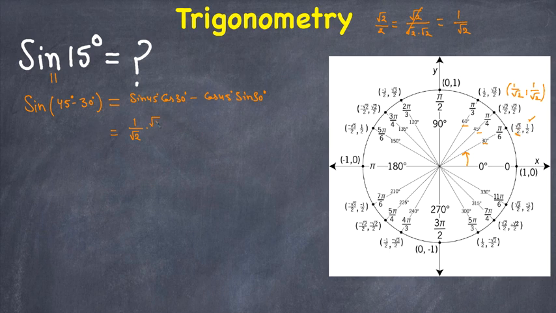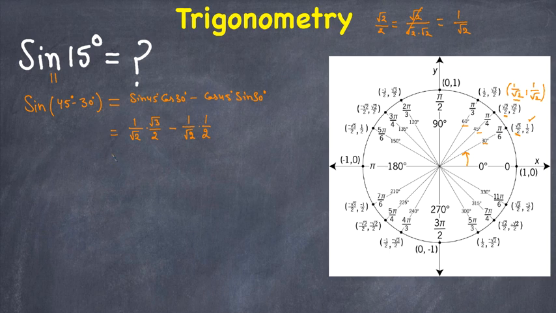So cosine 30 is root 3 over 2 minus now cosine 45. So the interesting thing is at 45 degrees sine and cosine have the same value. So cosine 45 is also 1 over root 2, which is basically the x value here. Then sine 30, so sine is y value, so sine 30 is 1 over 2.